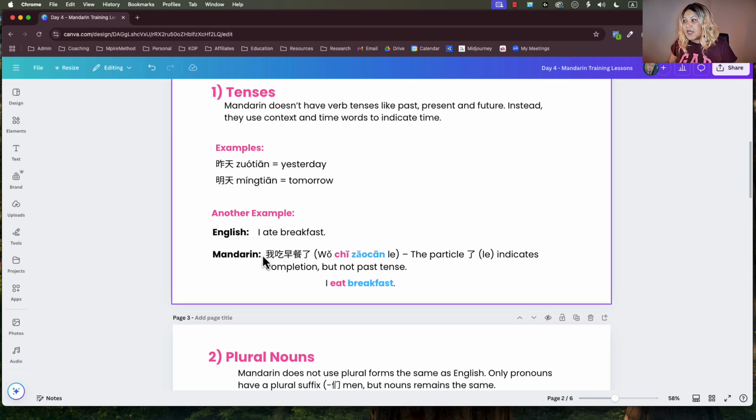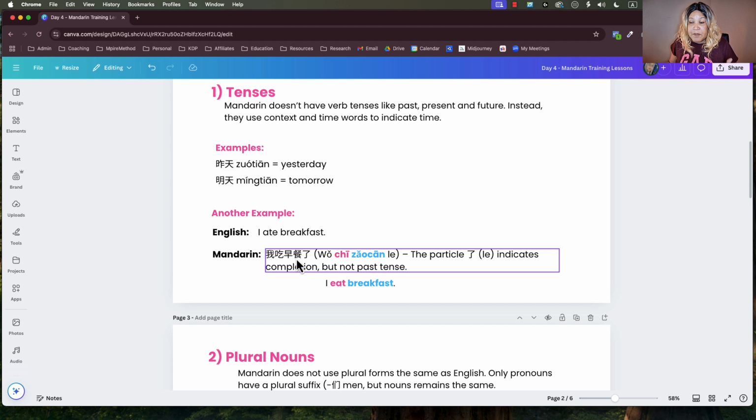But in Mandarin, there are no tenses on verbs, and eat, to eat, or ate is a verb because that's showing an action that we're doing. So if we're doing something like eating, there is no past tense for that. And that's for any verb: running, eating, reading, anything that's an action.